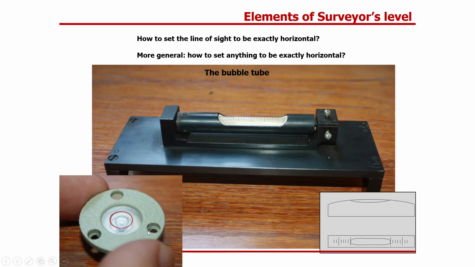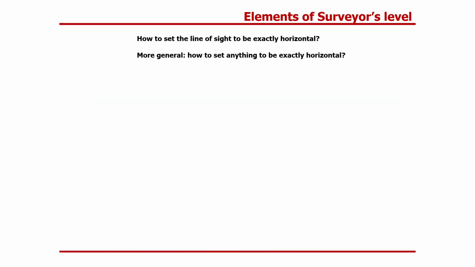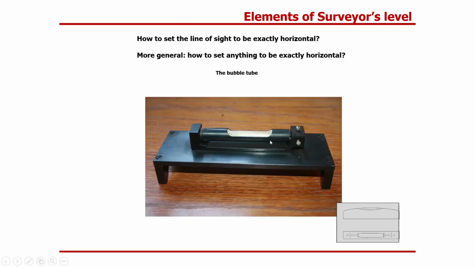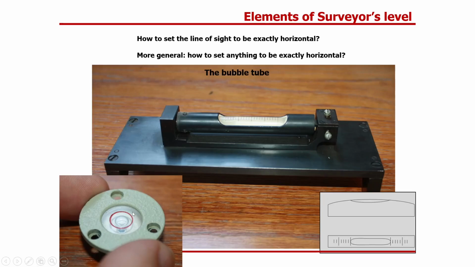This is another type of level, the circular bubble level. When the level is horizontal, the bubble is in between the red circle, in the center of the glass.